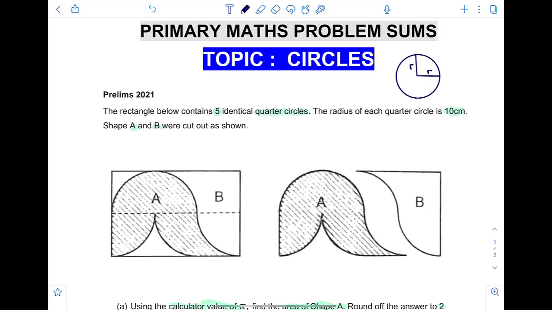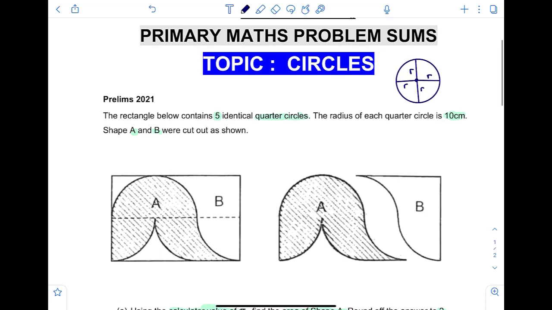This is same radius. Here, same radius. As long as you go from center to the end, this is called a radius. So all these lines are radiuses. Even this line here is a radius. Inside a quarter circle, the radius will be this straight line here.